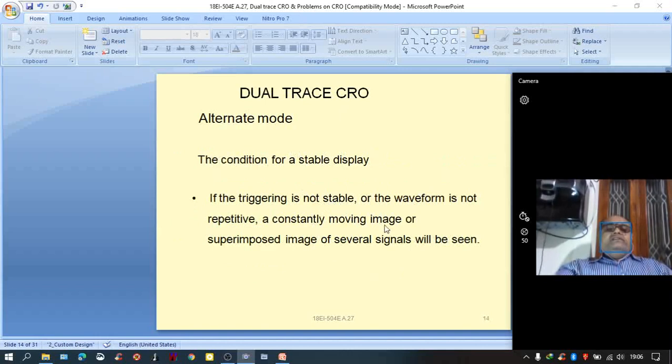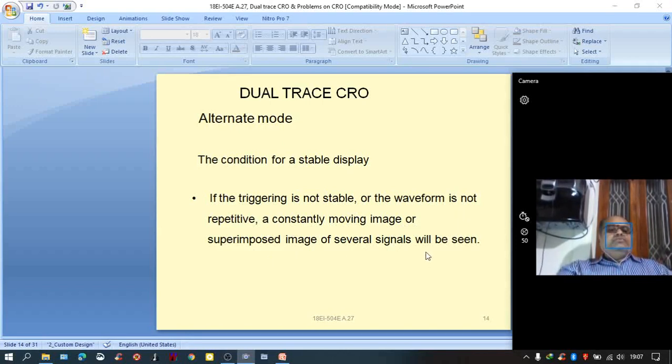If the triggering is not stable or the waveform is not repetitive, then a constantly moving image or a superimposed image of several signals will be seen. What happens when the triggering is not stable? The waveform will be continuously moving from left to right or right to left, or a superimposed image of several signals.